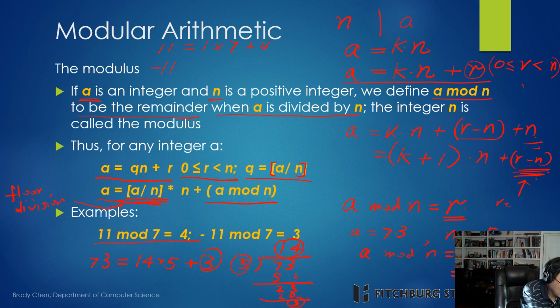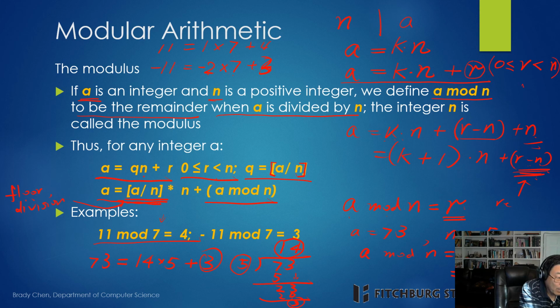And minus 11 can be written as minus 2 times 7, that's minus 14, plus 3, right? So you can write it as the quotient times the divisor, which is 7, and then the remainder 3. So that's the reason why minus 11 mod 7 is 3.